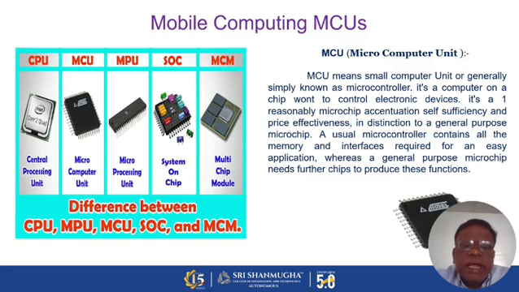And next these ICs go to the SoC, that is the system on chip. For example, instead of 500 ICs, only two to three ICs have to operate in these cases. Next, the generation was modified into the MPU, that is the microprocessing unit.